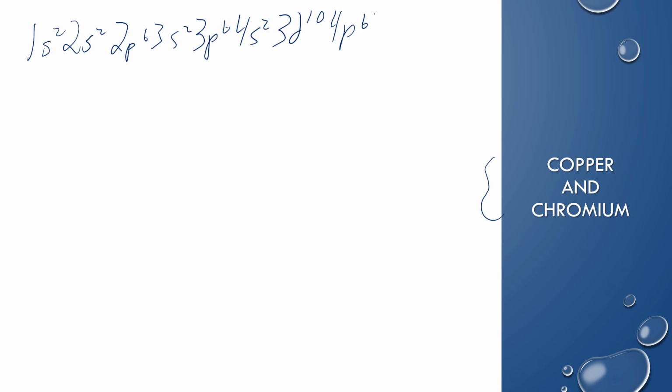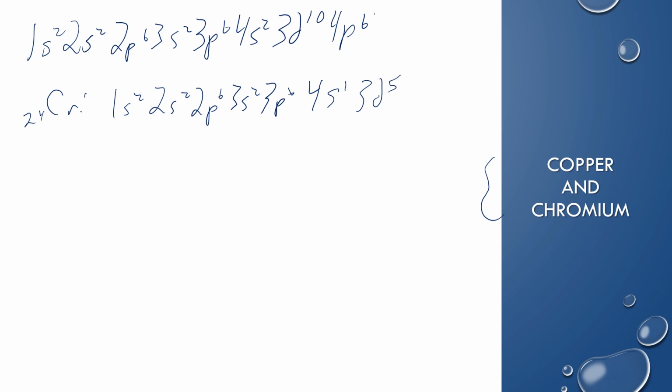Copper, well, let's start with chromium first, actually, because chromium has 24 protons, 24 electrons. Chromium is 1s2, 2s2, 2p6, 3s2, 3p6 for the first 18. And then how it works for chromium is that it has 4s1 and 3d5.